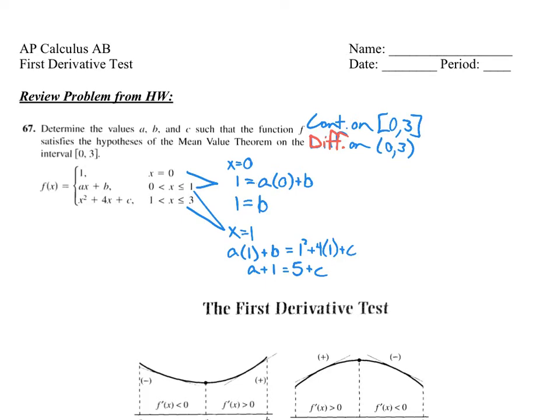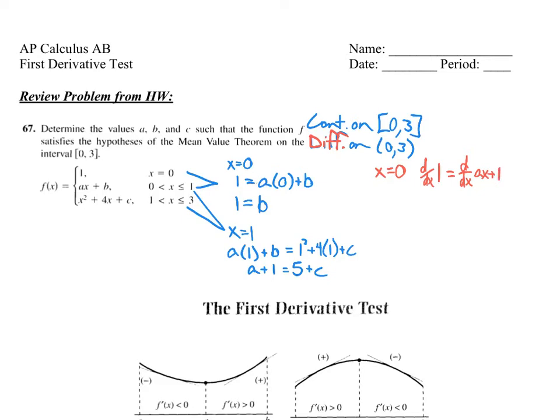So I need, when x equals 0, the derivative of 1 to equal the derivative of ax plus b.